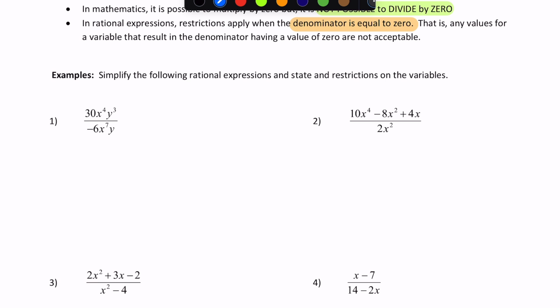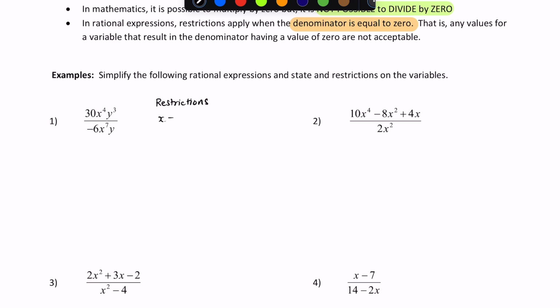Simplify the following rational expressions and state the restrictions on the variable. Here, we have 30x to the power 4, y to the power 3 over negative 6x to the power 7, y. If we look at the restrictions here, what values would make the denominator equal to 0?